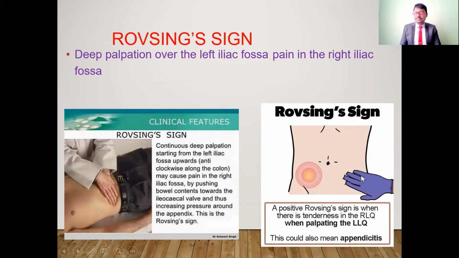If you give pressure on the left side, the pressure is going to be transmitted to the right side. Because of the pushing of the internal organs, the pressure is going to increase in the right iliac fossa, so it may give pain in the right iliac fossa. So this is called Rovsing's sign. These are the important clinical signs to investigate appendicitis.